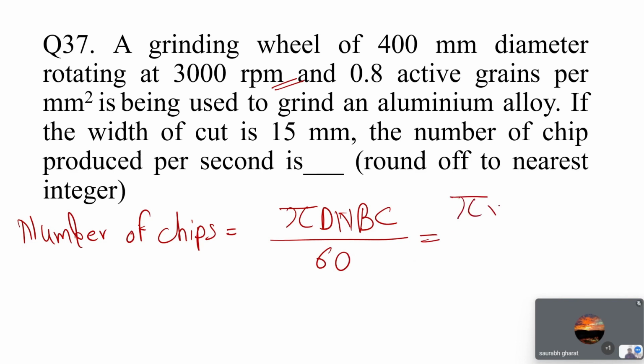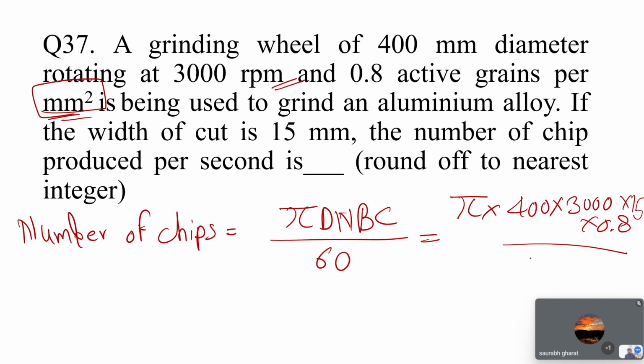So pi, D is 400, into 3000, into 0.8, because it is given per millimeter square, so we have to put in millimeters. The RPM is again RPM. What is your B? It is 15. So multiply by 15, divided by 60.